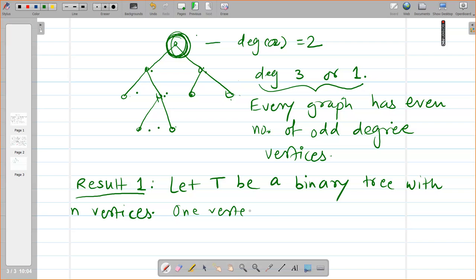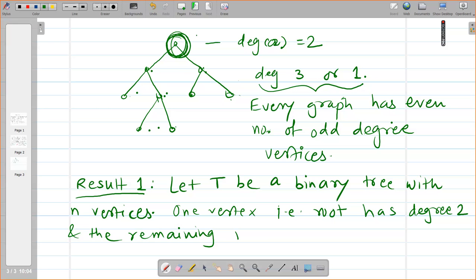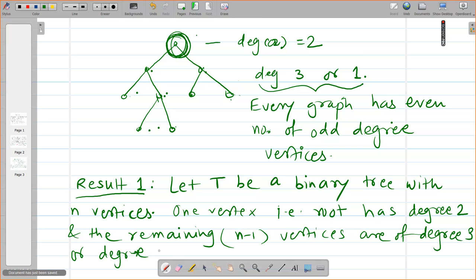One vertex, that is root, has degree 2, and the remaining n minus 1 vertices are of degree 3 or degree 1. Right?